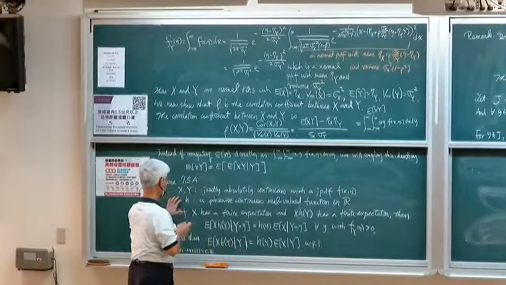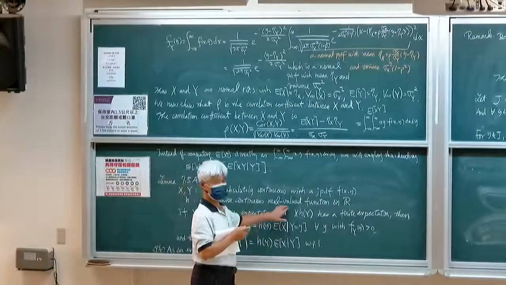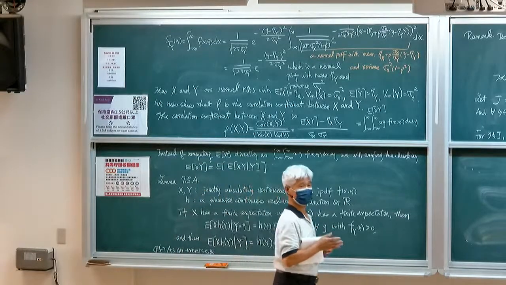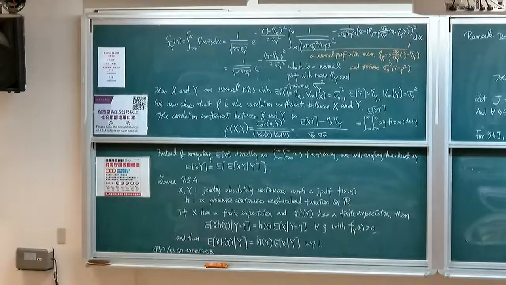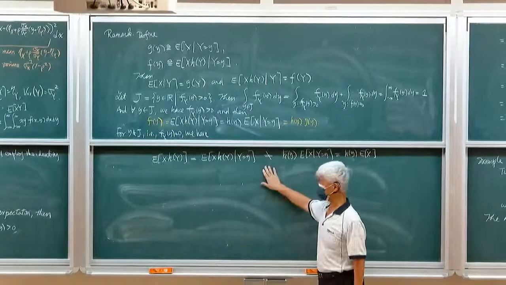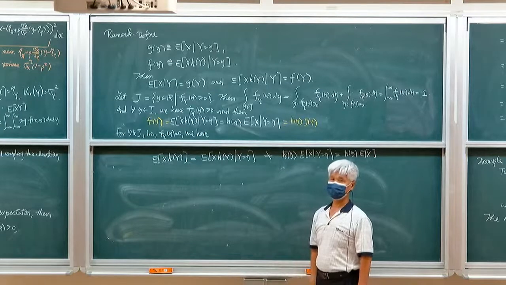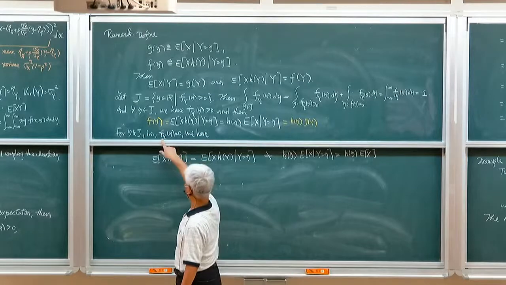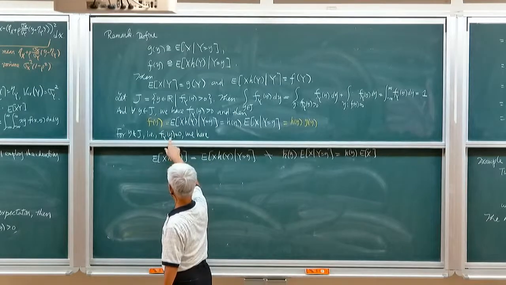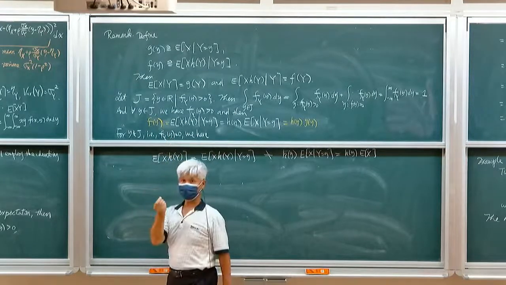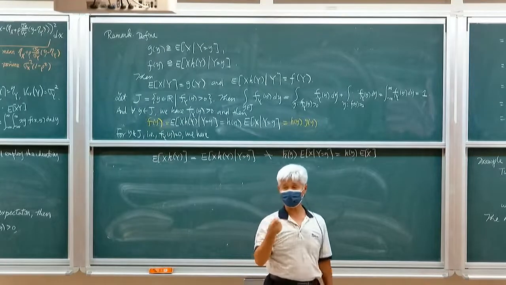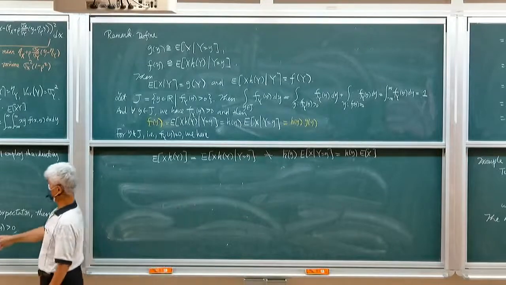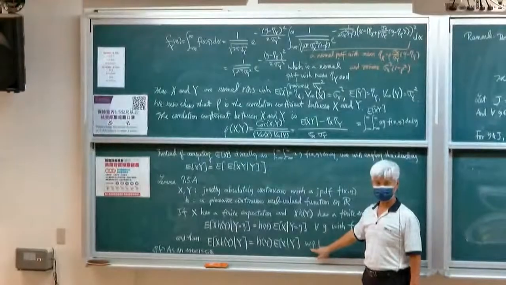In this lemma, h is a piecewise continuous real-valued function, so it can be arbitrary. So the normal case is that they are not equal. But for those y where the probability density function at little y is 0, they will occur with probability 0.